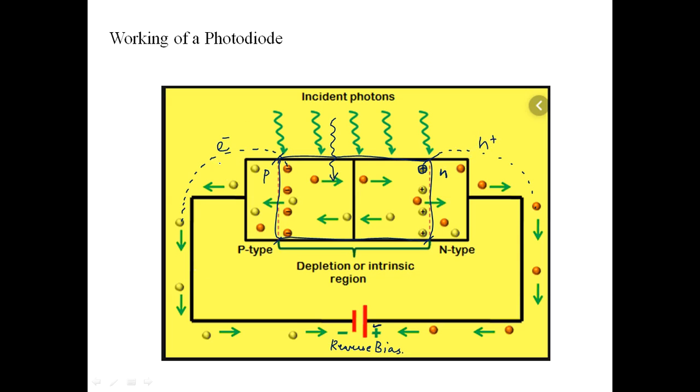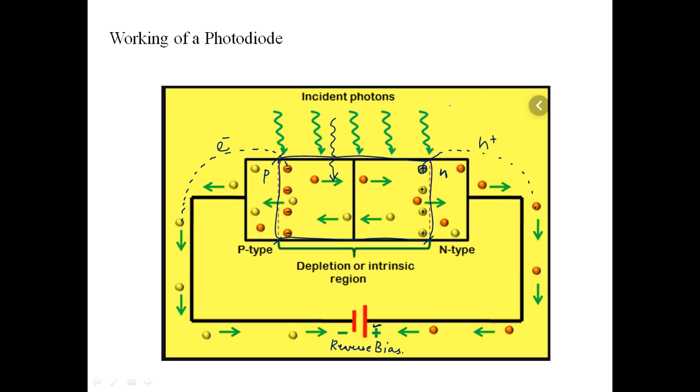And do they move very freely? Yes, they move very freely. Why? Because they are minority carriers and they are absolutely not affected by the applied bias itself. If they were majority carriers, then they could not have crossed the junction at all. However, these are minority carriers and they can very easily move.